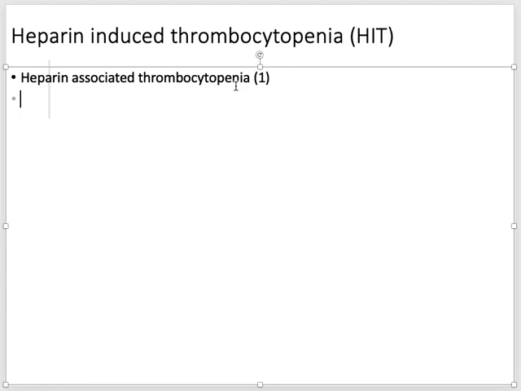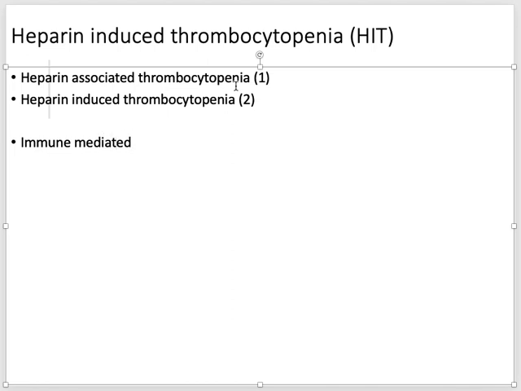And type 2 nowadays is called heparin-induced thrombocytopenia. Previously it was called type 2. So very, very easy concept. It's immune mediated. Okay, it's immune mediated.